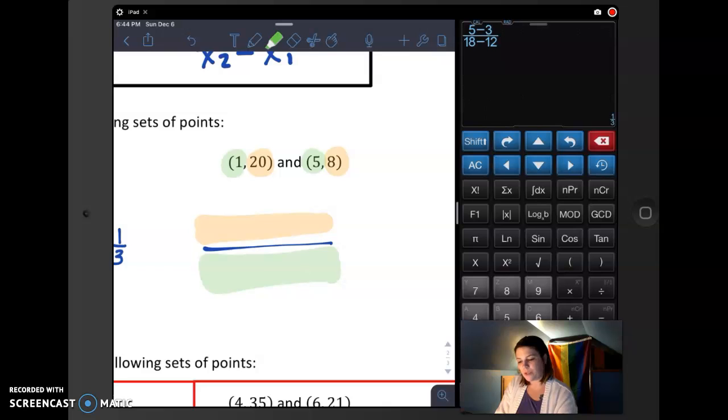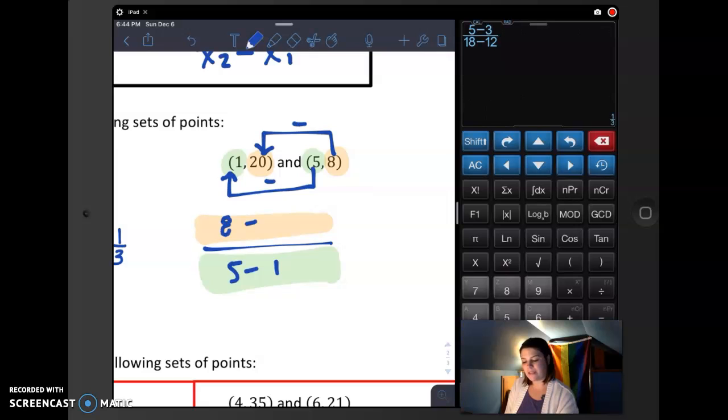That reminds me which one goes where. And then I'm going to connect my x's with an arrow. So 5 minus 1 goes on the bottom. I remind myself this is on the top, so it's 8 minus 20 on the top.